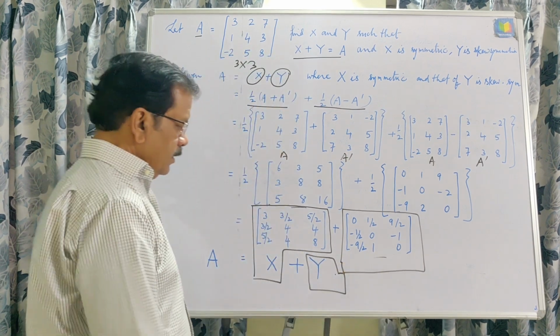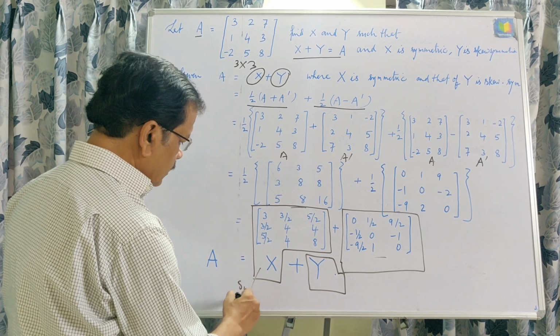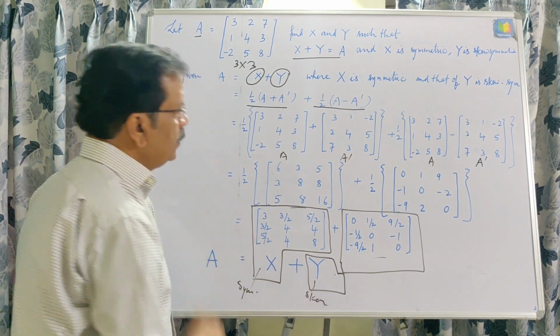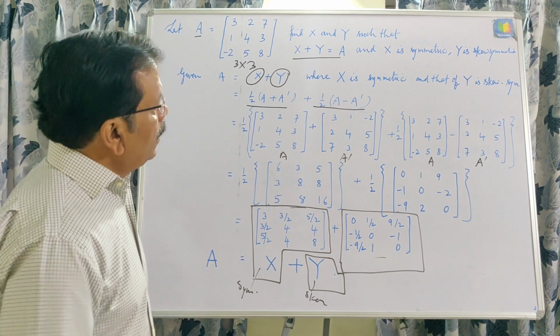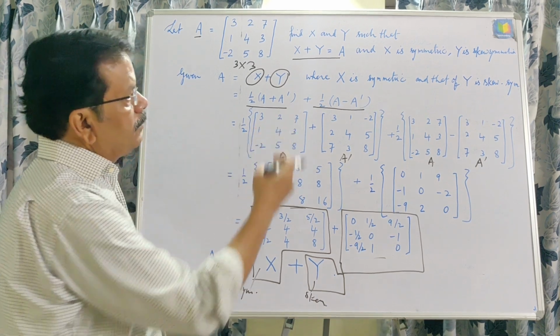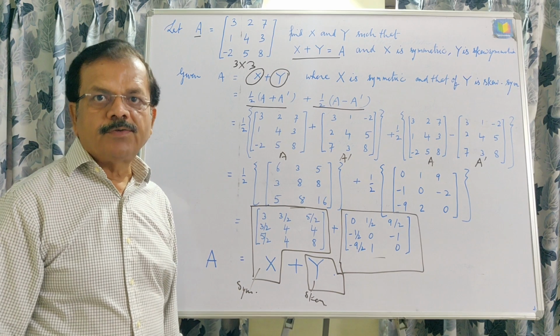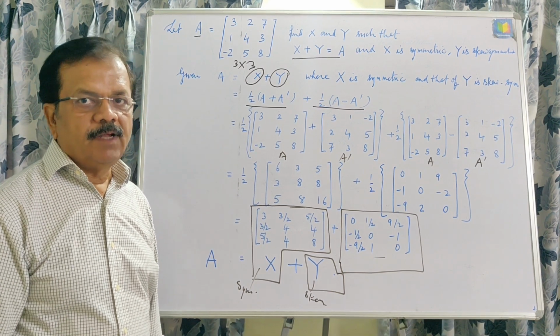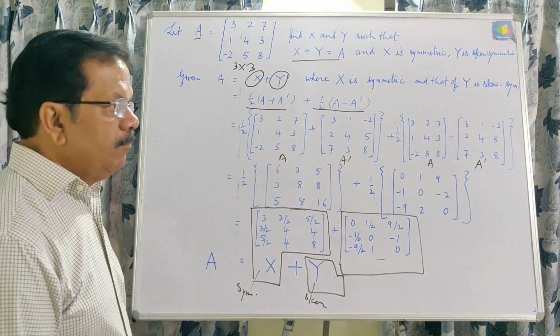This is the symmetric matrix and this is the skew symmetric. Okay, this way we represented this A in the form of X and Y, the symmetric and skew symmetric parts, or you can say the values of X and Y.